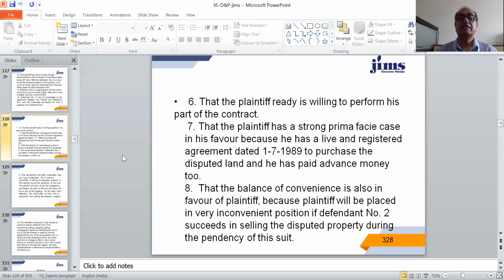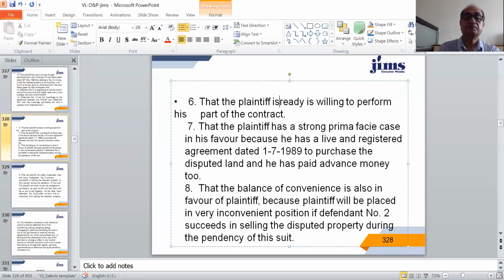Para 6, that plaintiff is ready and willing to perform his part of the contract. So this is also compulsory to write that plaintiff is ready and willing to perform his part of the contract.